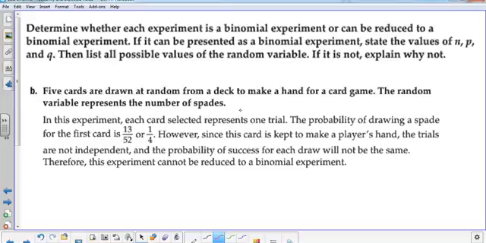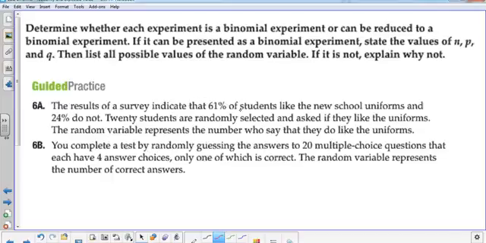The first time, there's 13 spades out of 52 cards, but the next time you go, there's 12 out of 51 and so on, right? So is the probability set each time, independently of the next card? No. So that is not a binomial experiment.